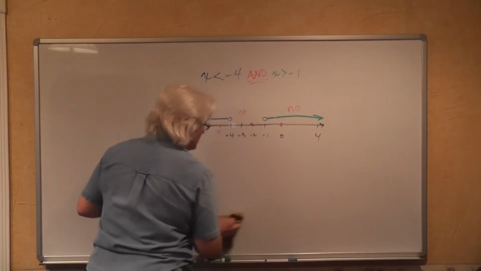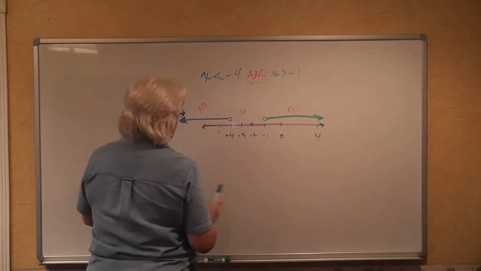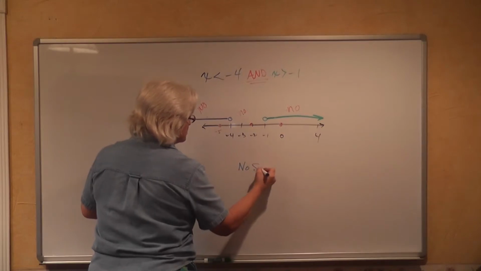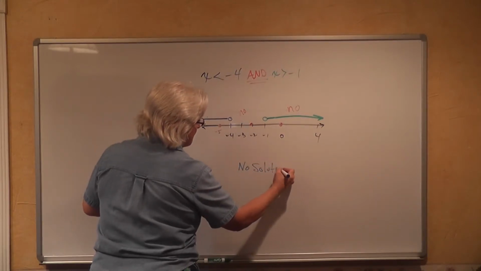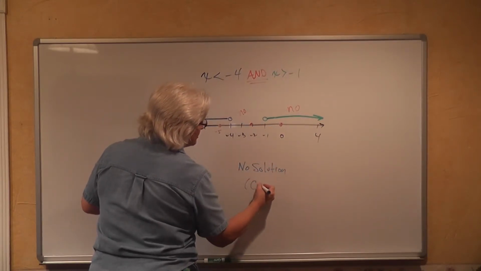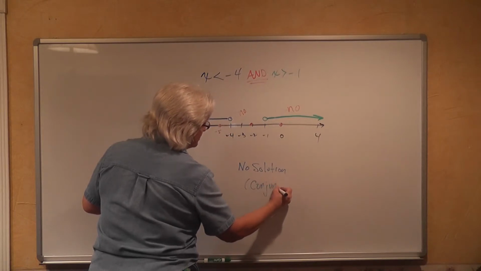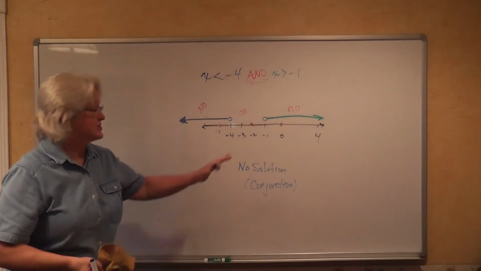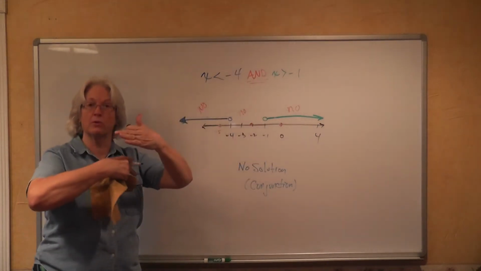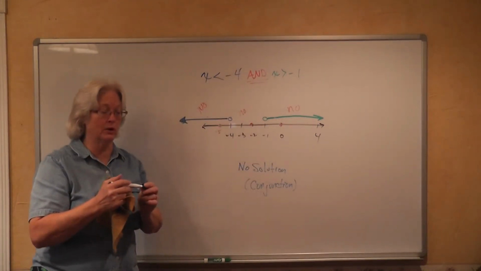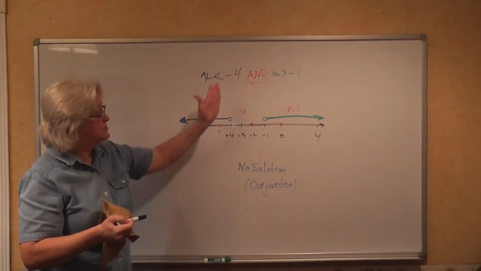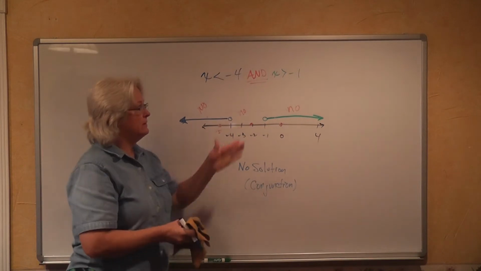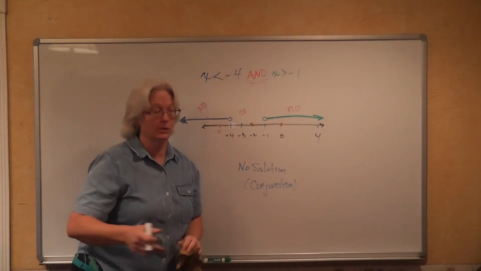So your solution here would be simply to say no solution. If we are talking about a conjunction, or an area of overlap or intersection, there is no place where the two graphs are lying on top of one another. So that's the difference between conjunction and disjunction. Okay?